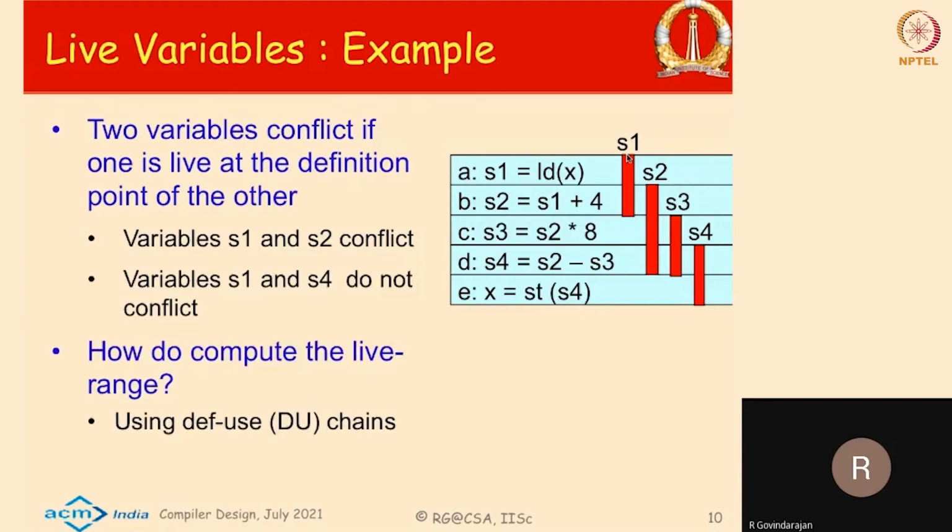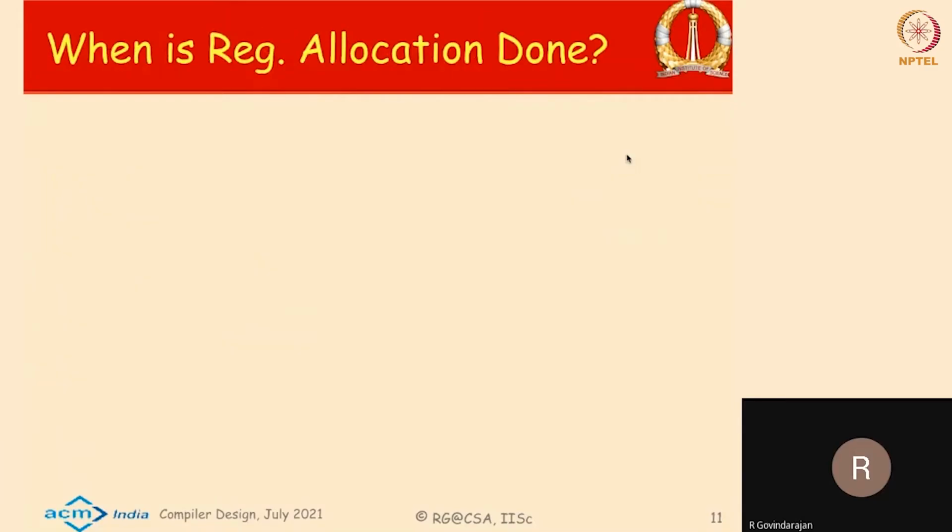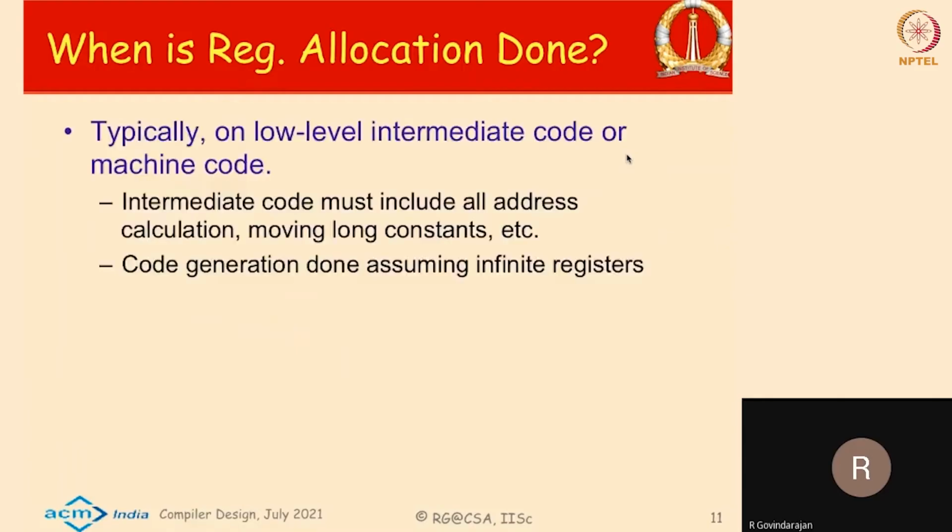Okay, so as I mentioned earlier, how do you compute this live range? You basically compute what are called the def-use chains, and then from there you compute the live range. Before we go into register allocation, let's just look at the different passes in the compiler, where exactly is register allocation done. It is done on the target machine code.